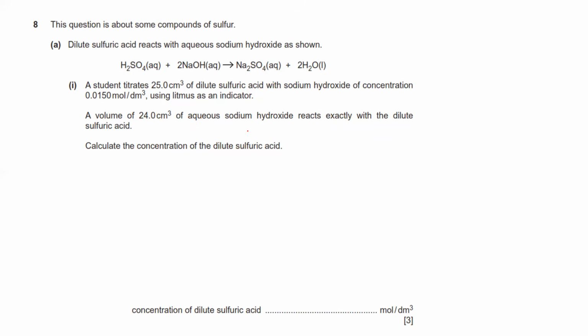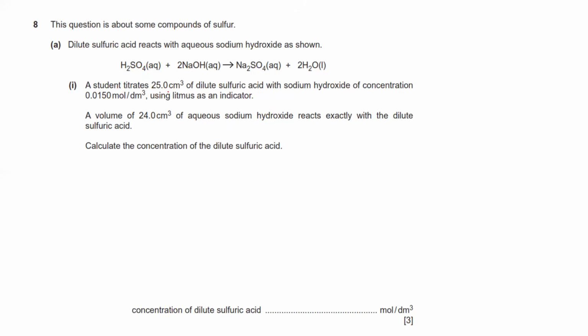Okay, so from this reaction, first of all, we have to see what is happening. So 2 moles of NaOH reacts with 1 mole of sulfuric acid. Okay, it's 2 moles reacts with 1 mole.